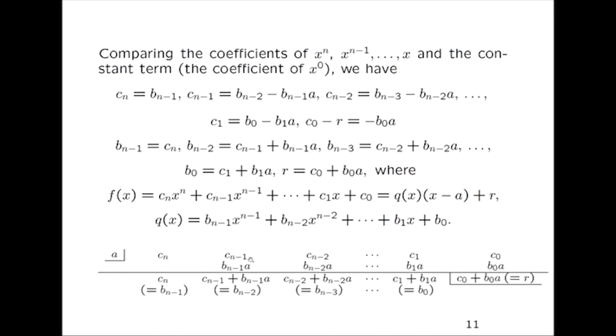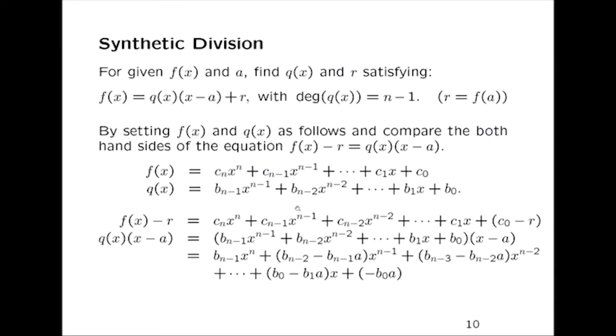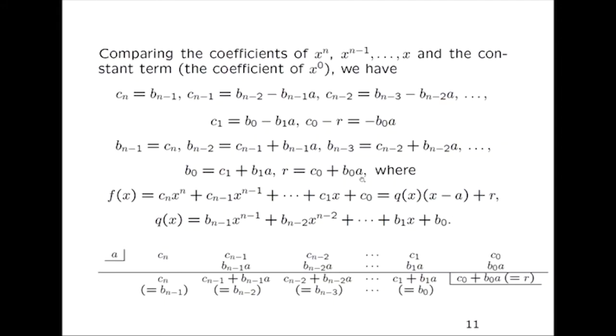And c(n-1) and so on, these are the coefficients of f of x. Then bring this cn down here, and then multiply it by a, write that here, and add them together.